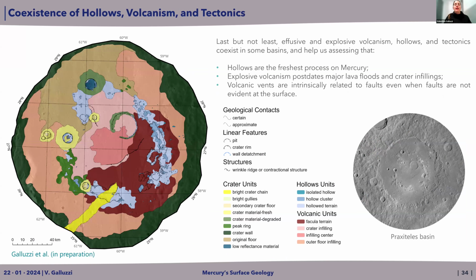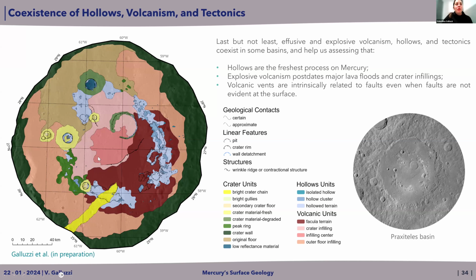And if we do a geological inspection of this basin where these things coexist, they can be used as laboratories to understand the evolution of Mercury. This basin is the Praxiteles basin, and the Praxiteles basin is pretty old. It's maybe Calorian in age, but we can see that its floor was later resurfaced by volcanic infilling.